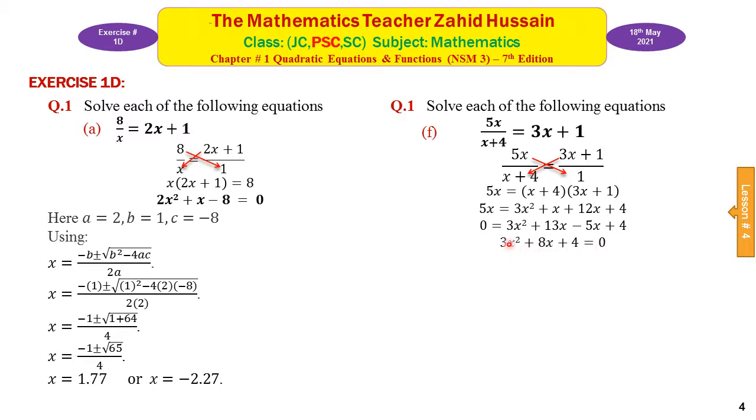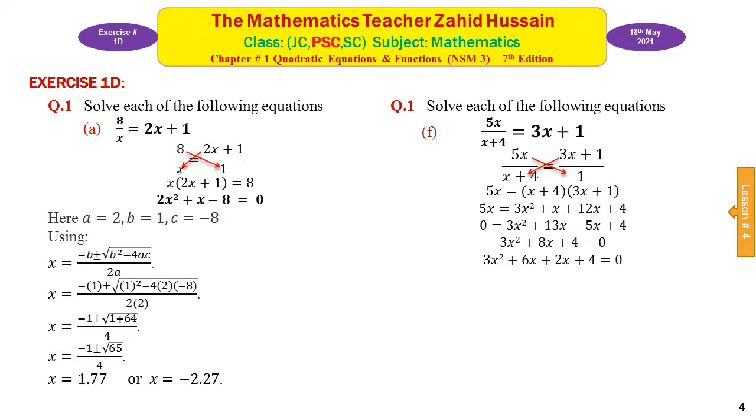Try whether you can solve this by factorization. 3 multiplied by 4 is plus 12. Two factors of 12: 6 and 2. When you add 6 and 2 you will get 8, and when you multiply 6 and 2 you will get 12. So break the middle term.